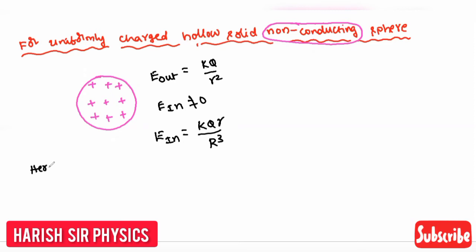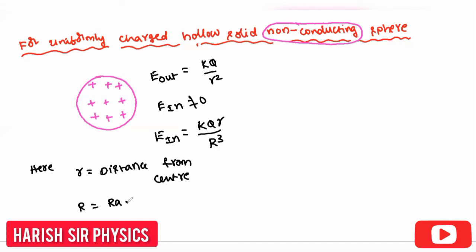Here small r is the distance from the center, and capital R is the radius.